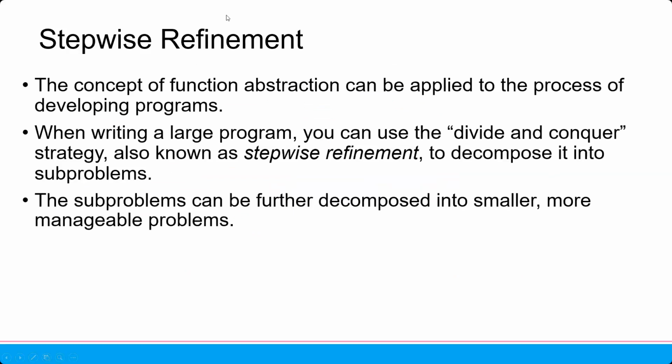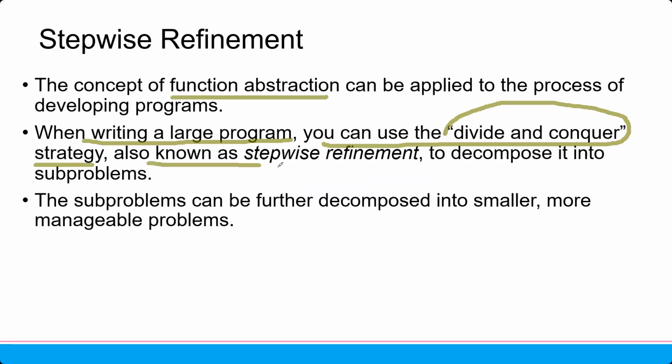There are some concepts of the function abstraction. When you make a program later for the team project, you may need to create functions. When you write a large program, you can use the divide and conquer strategy, or we call it stepwise refinement.